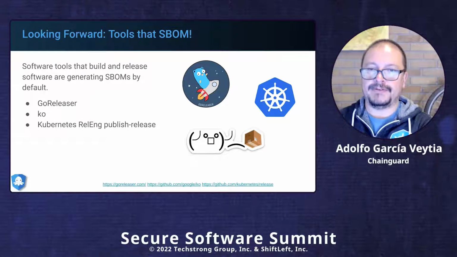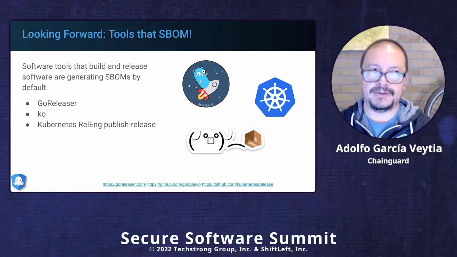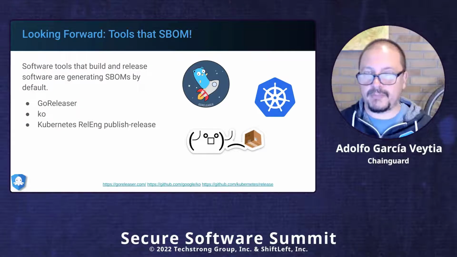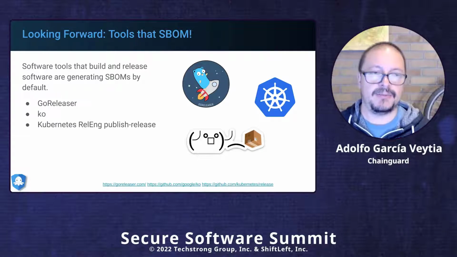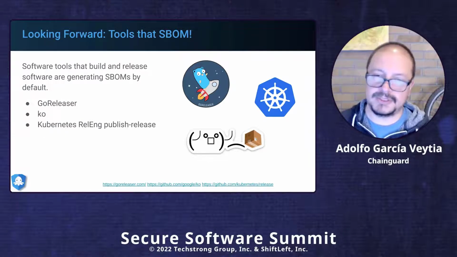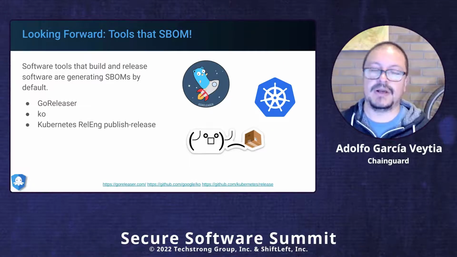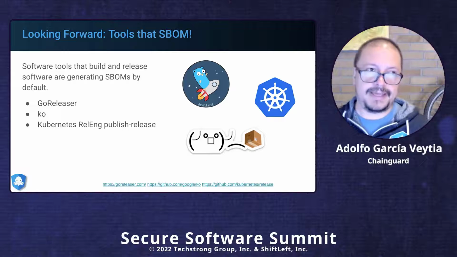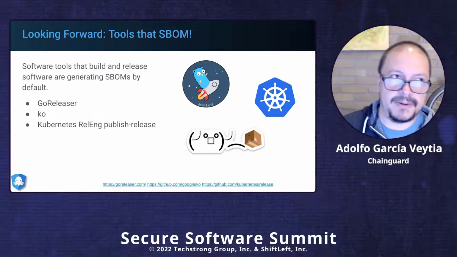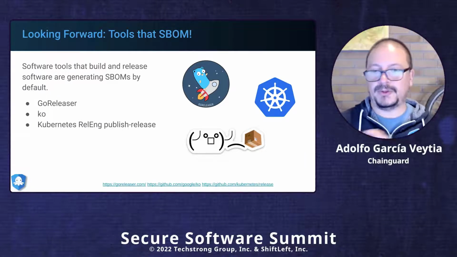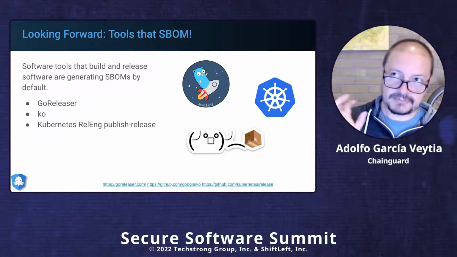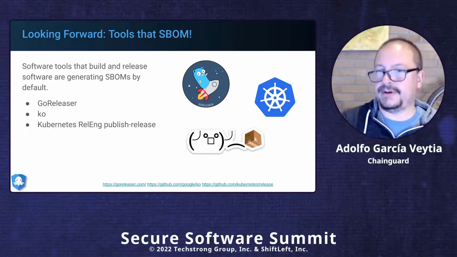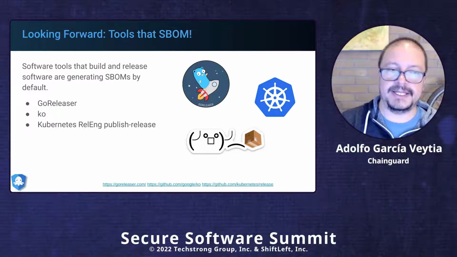If you're familiar with GoReleaser, which is a tool to compile and publish the artifacts of a build to GitHub, it just recently gained the ability to generate an SBOM describing the artifacts that you're releasing. Then there's ko, which is a tool to turn your Go source code into a container, and it also can generate and publish an SBOM describing the container image dependencies to the registry.